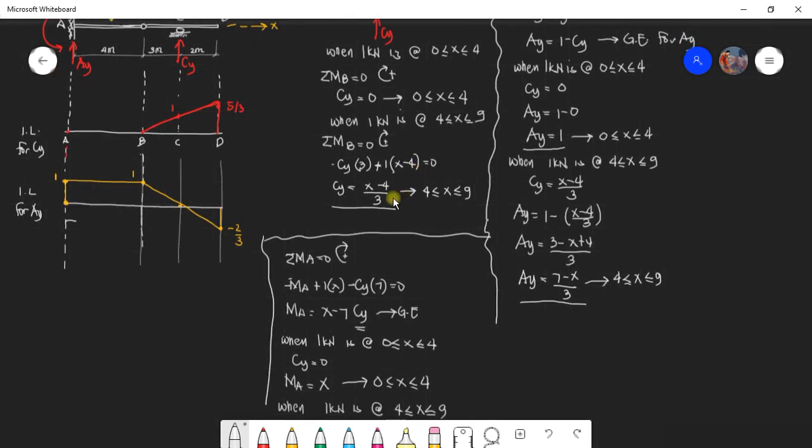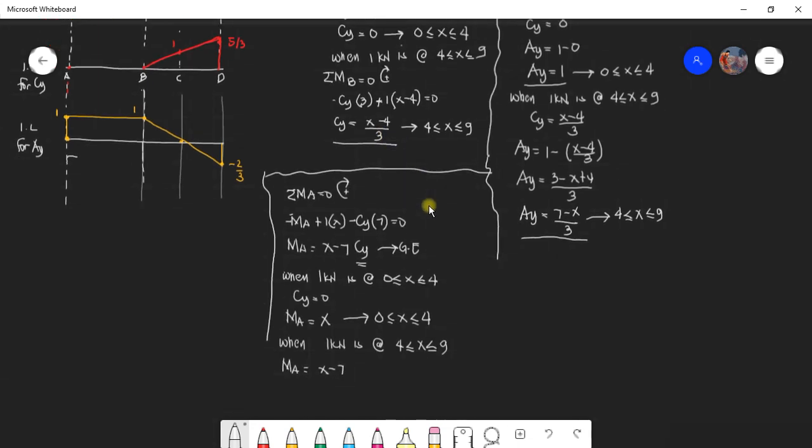Value ng CY, ito. X minus 4 over 3. So, simplify natin ang MA.